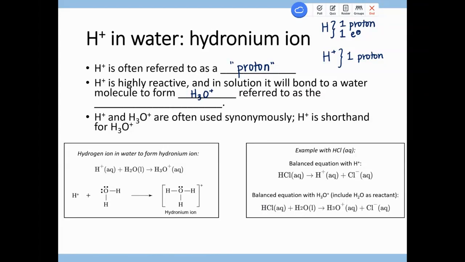So that's what is showing down here. Hydrogen ion or proton in water forms hydronium, which is the name of this thing. We have H plus, it will bond to the oxygen in water. These non-bonding electrons can actually create a bond and share that with hydrogen. And then we have this ion with +1 overall charge, we call that hydronium.